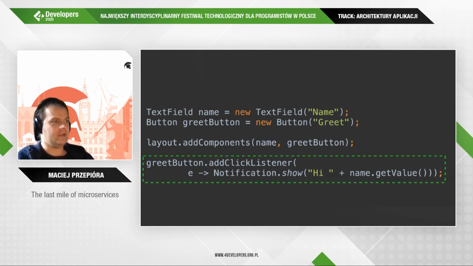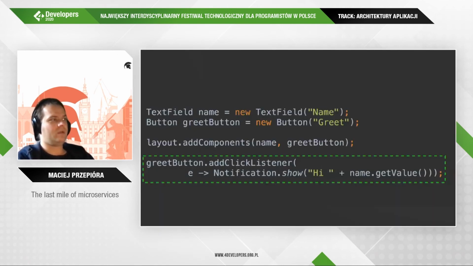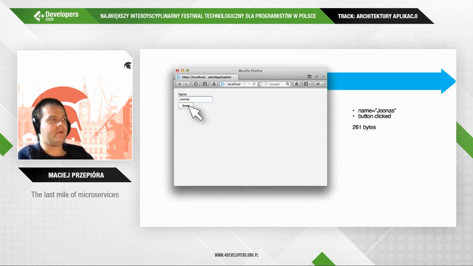invoke this click listener. And the nice thing about Vaadin is that it takes care of synchronizing the state from the browser to the server side. So when you get the value of the text field, it will actually have the content that the user provided there.